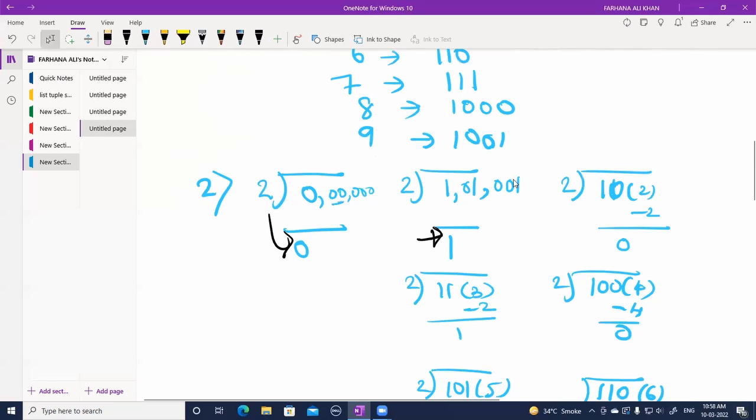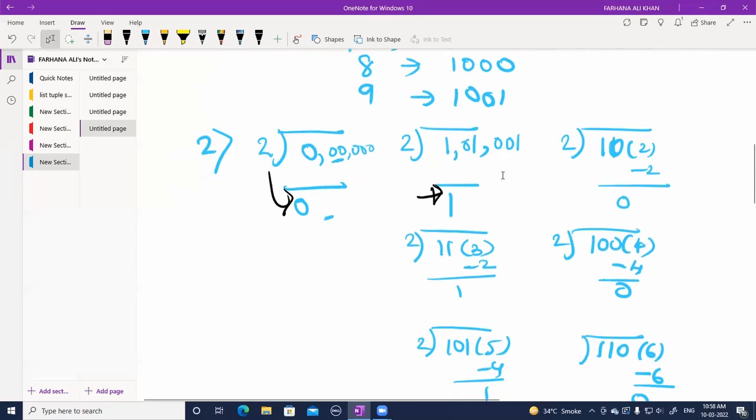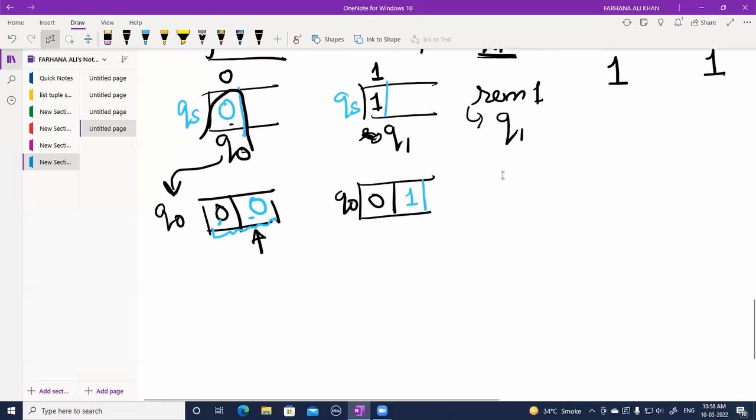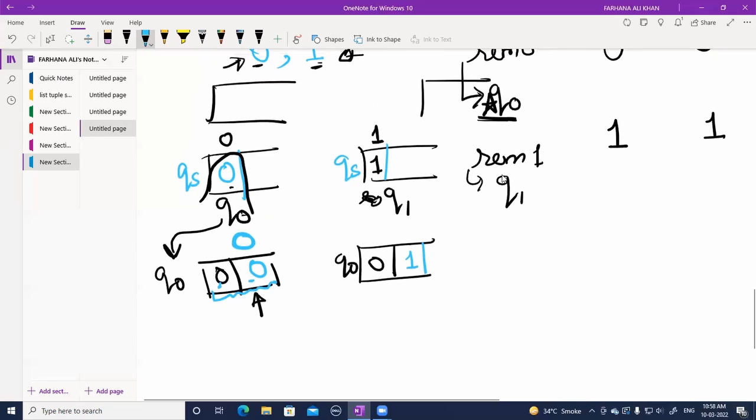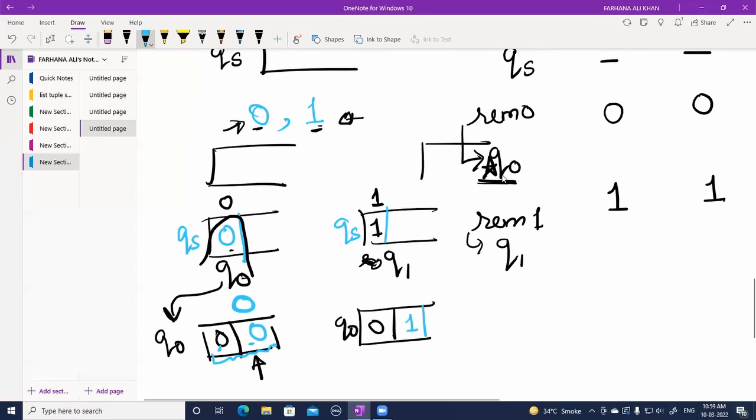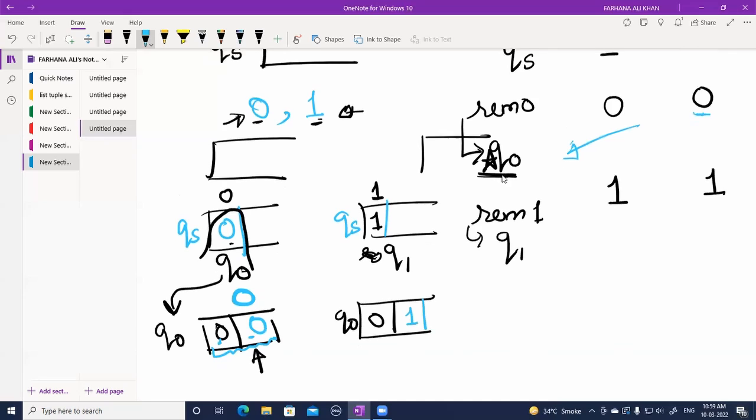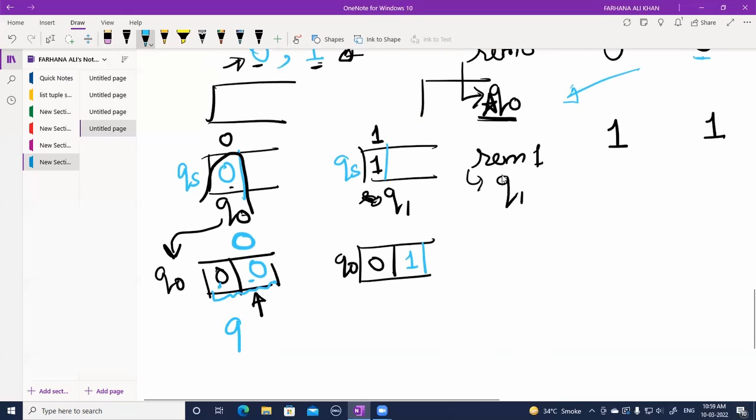With 00 also we are getting remainder 0. So the output is generating remainder 0. Which state represents remainder 0? The remainder 0 state is represented by the state Q0. So we will write the resultant state as Q0.